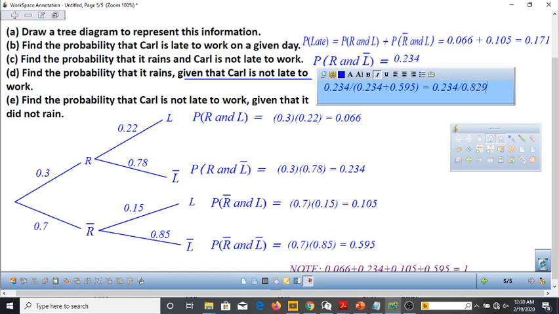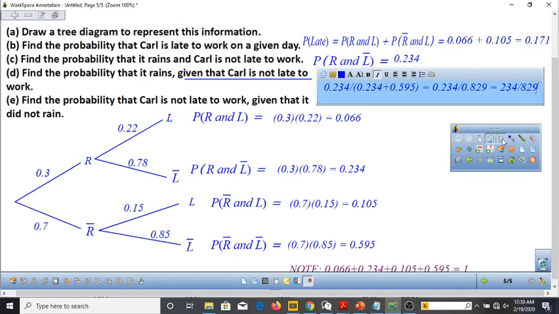And if you divide that and simplify the fraction, our answer works out to be 234 over 829. We just move the decimal point. They have no common factor. You can't simplify. I want to leave it as a fraction in this case because it's exact. But you can get the corresponding decimal, which is 0.282, which is actually the approximate value.